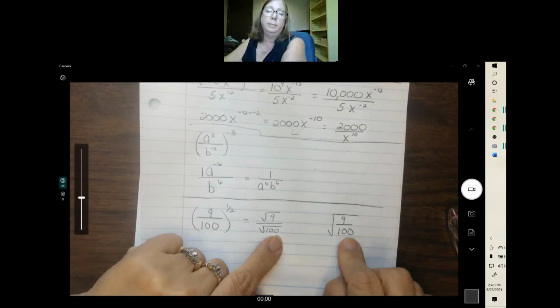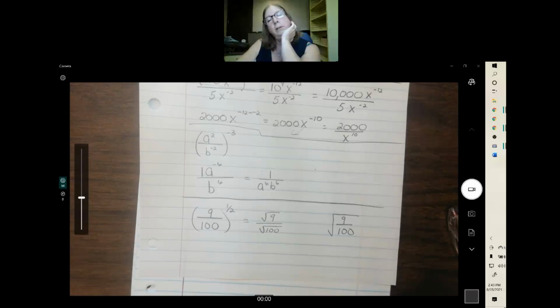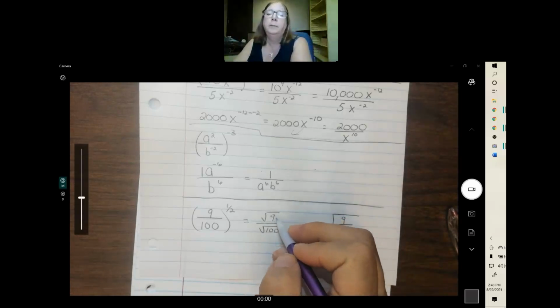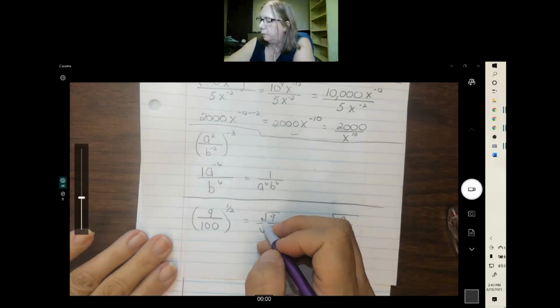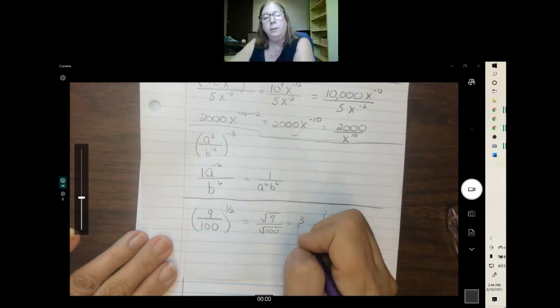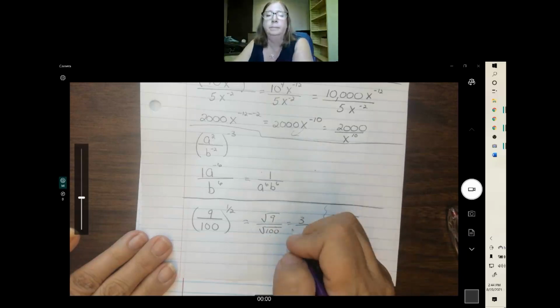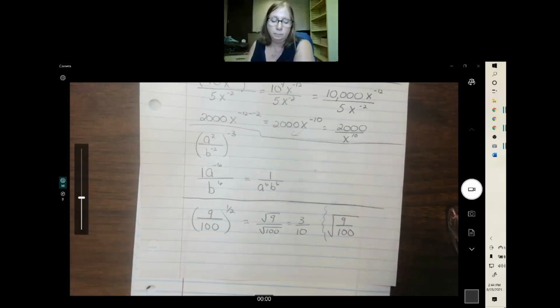Either way's correct, but you can think of doing them separately. 9 is 3 times 3, so the square root of 9 is 3. 100 is 10 times 10, so the square root of 100 is 10. And these are values you can check in your calculator. A basic calculator would do these. Any questions on that one?